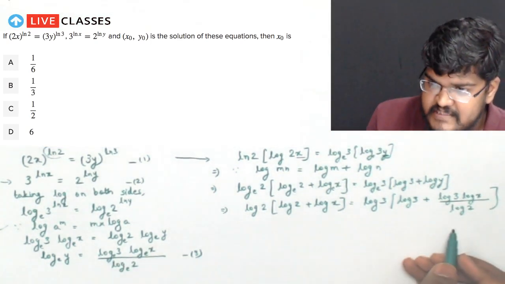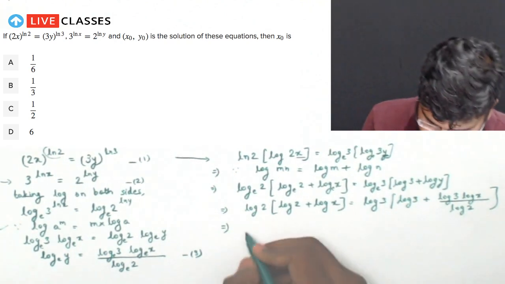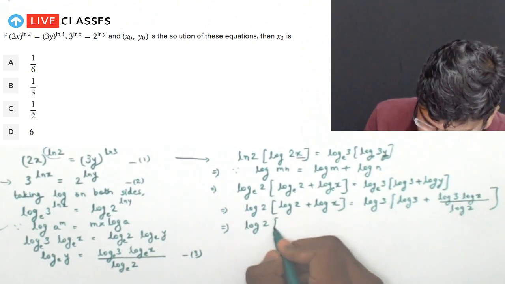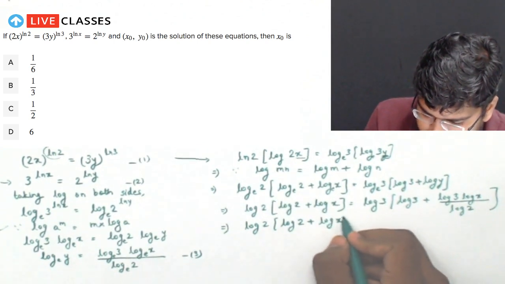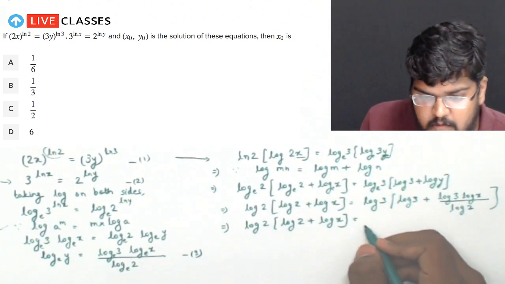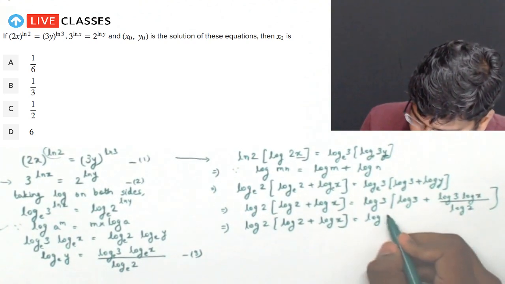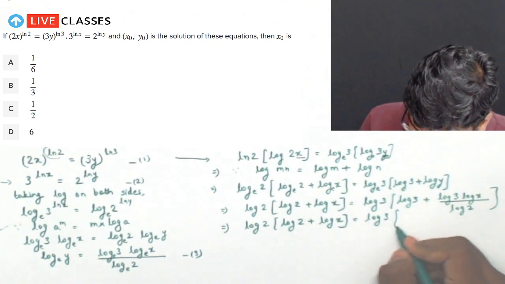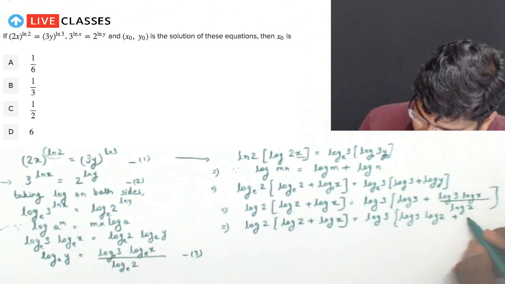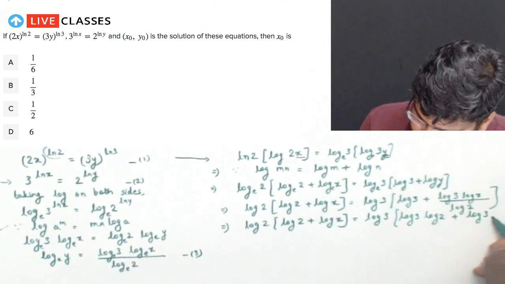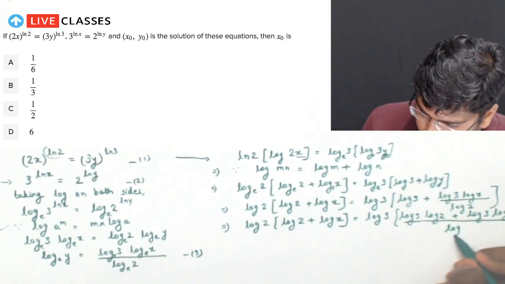Now just make sure that you are taking LCM properly. So when you do that, you are going to get log 2 times log 2 plus log x is equal to log 3 into log 3 times log 2 plus log 3 times log x, and the entire base will be log 2.